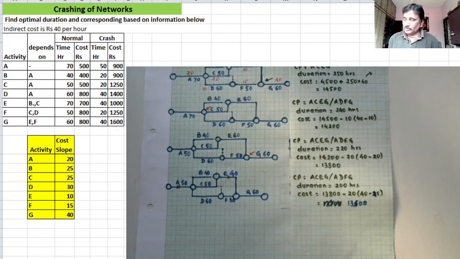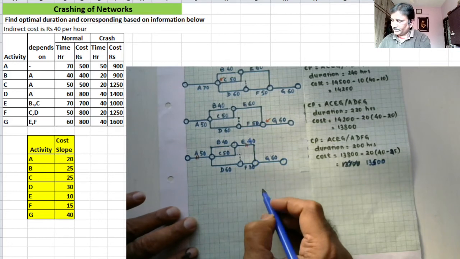There is no more scope of crashing activity. Because of that, you cannot crash F also. Now what remains is G, the activity which you will be crashing. Okay, and crashing cost per day for activity G is 40. So you won't get cost benefit, but you will be getting duration benefit at zero cost saving, right?